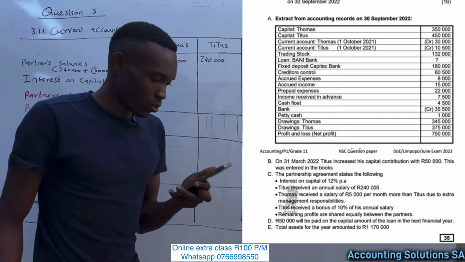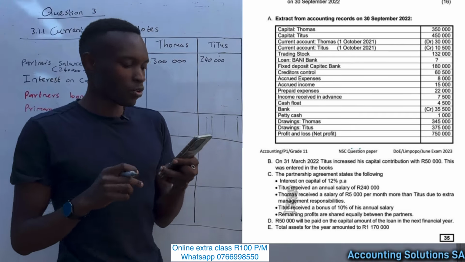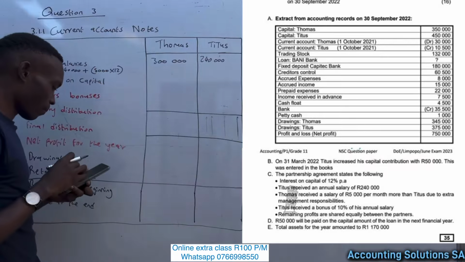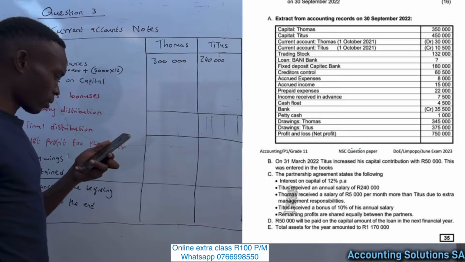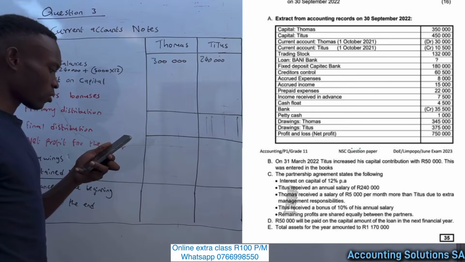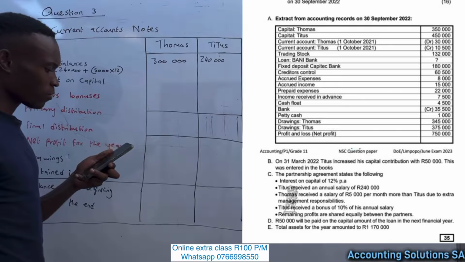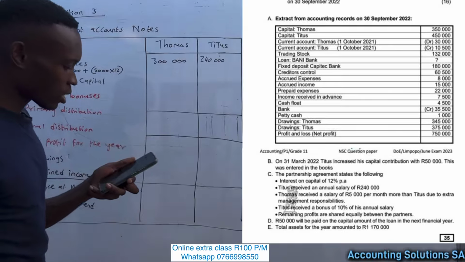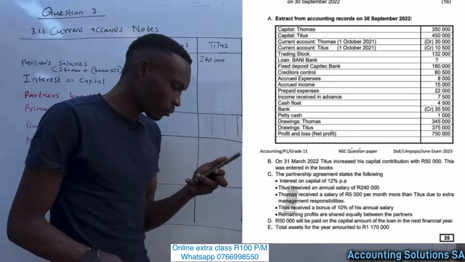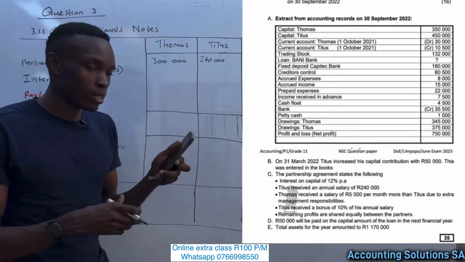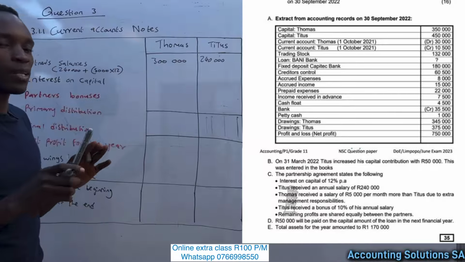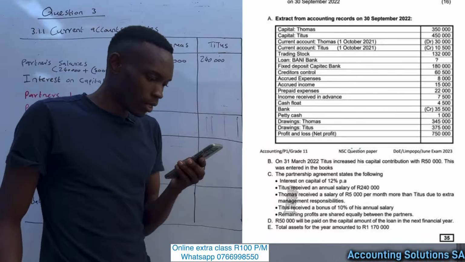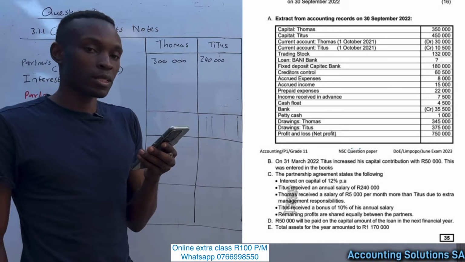Then the next one, we have to focus on interest on capital. Let's take transaction number B. They said on 31 March 2022, Titus increased his capital contribution by 50,000, and this was entered in the books. Remember, in this case we are calculating interest, we are not recording capitals. So let's take interest on capital, number C, bullet number 1.